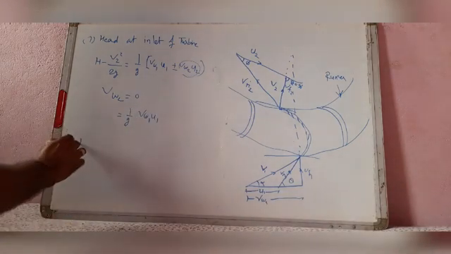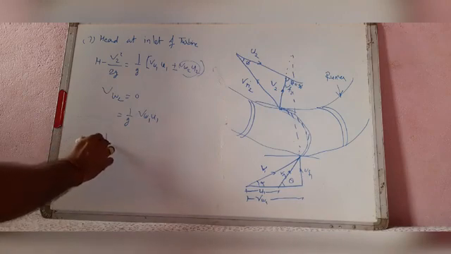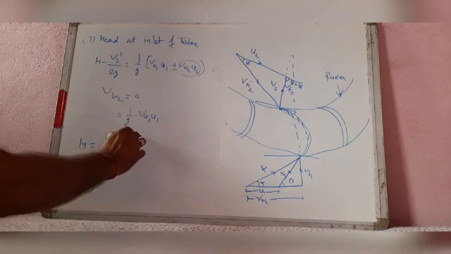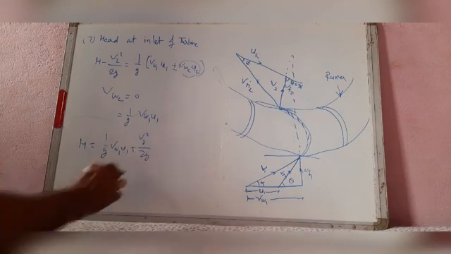So H equal to 1 by g VW1 U1 plus V2 square by 2g.